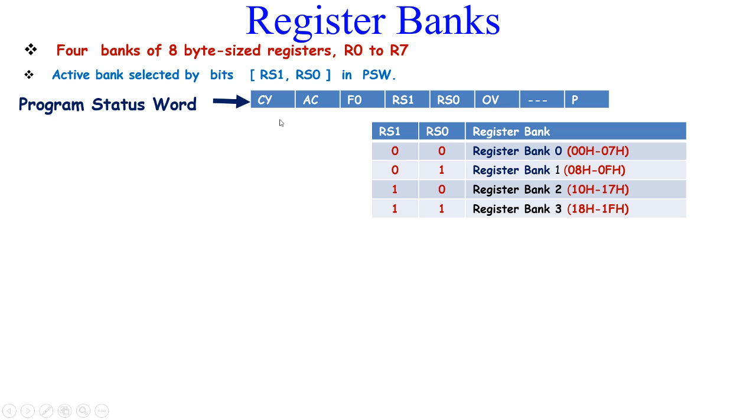This is the flag register, which has all these flag bits: parity flag, auxiliary, overflow flag, RS0, RS1, F0 flag, auxiliary carry flag, carry flag. But these 2 flag bits are used to select the bank.